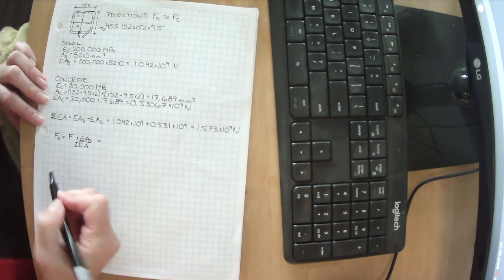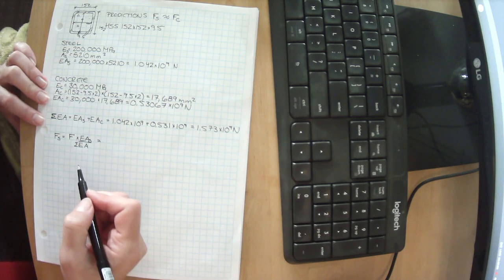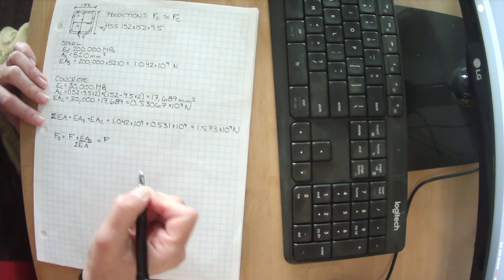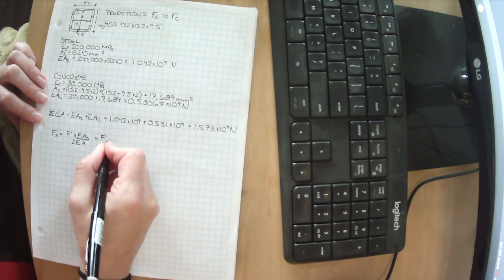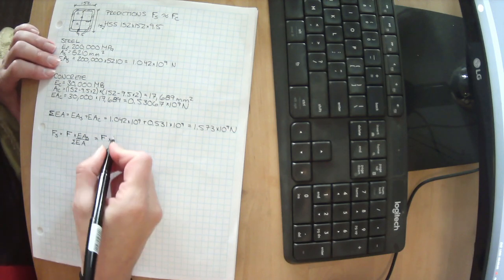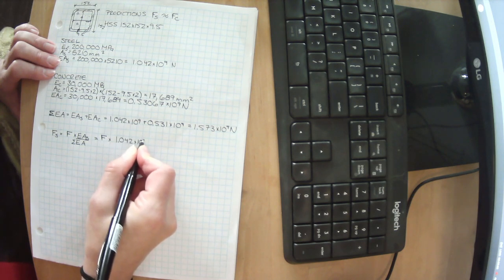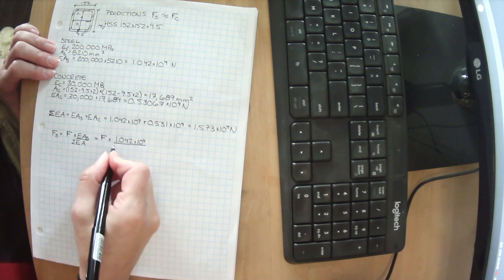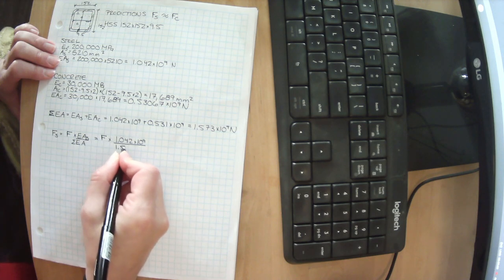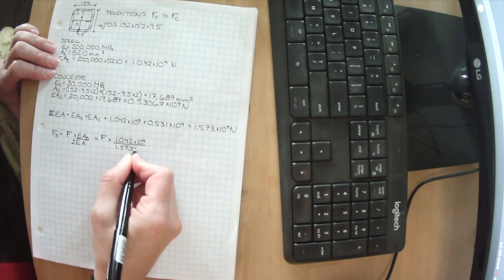They haven't told us what the actual load is on this. We don't actually know what the load is. So we'll just keep the load as F times the EA of steel, 1.042 times 10 to the 9, divided by the sum of the stiffness, or the entire stiffness of the system.